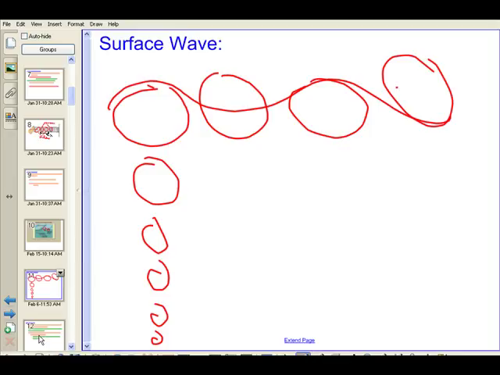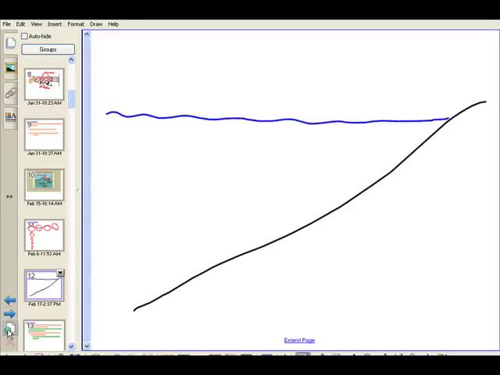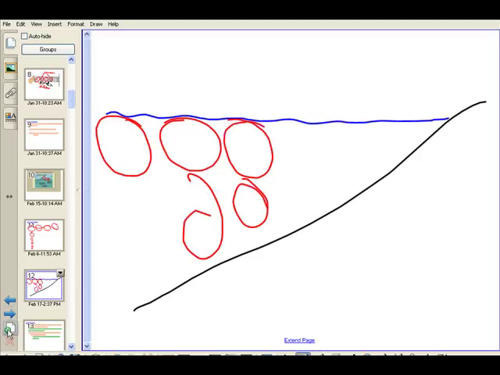When you start getting toward the coast, though, well, again, you have the circles coming in and going down. But notice, eventually, what's going to happen to those little circles? They're going to meet with the what? The bottom, right?